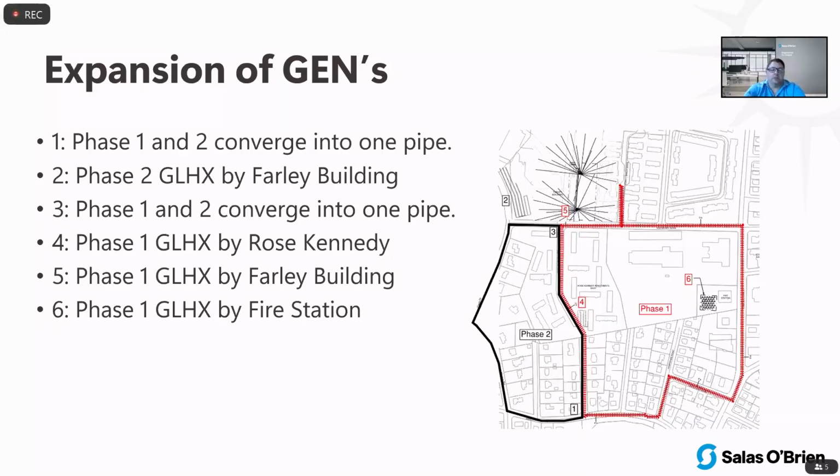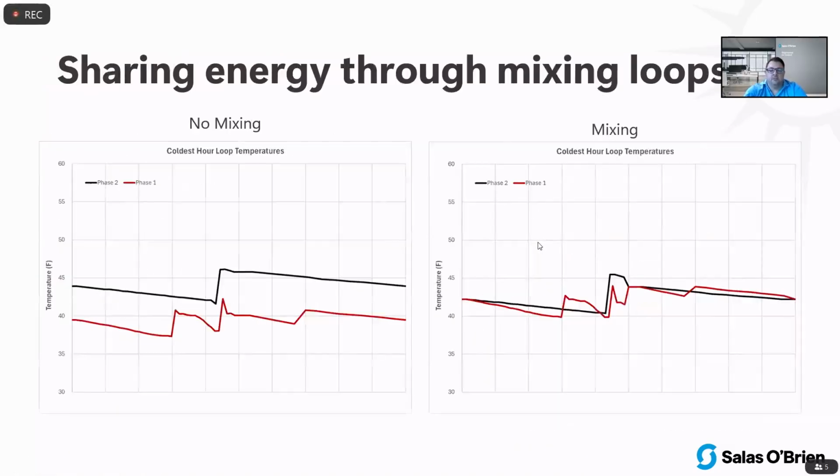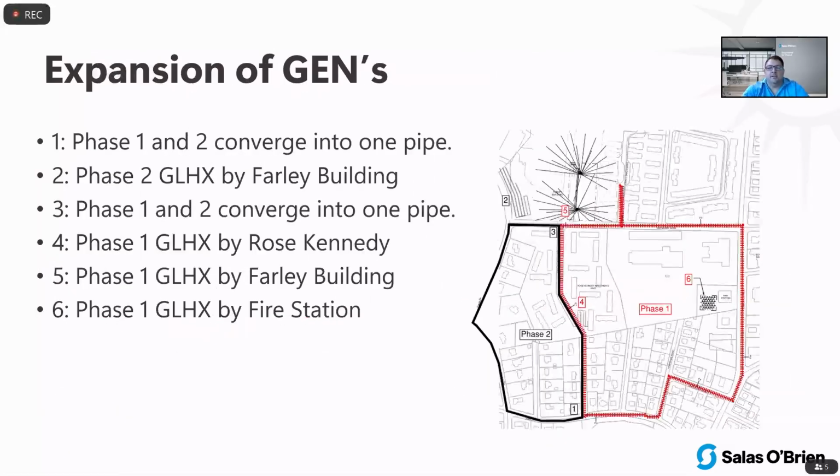What it was initially thought was that you could just use the entire center pipe as the mix loop for connecting the two. Well, hydraulically, when you add the flow rate of the second loop, that increased the pump sizes dramatically for both systems. So that really wasn't the most optimized way to do that, because the pipe wasn't large enough.